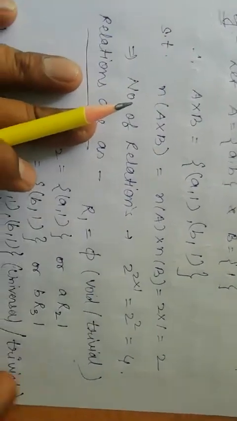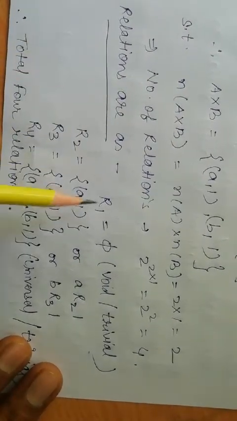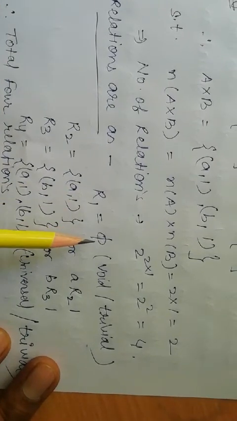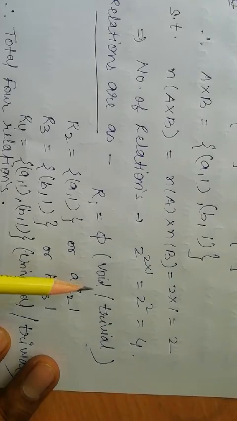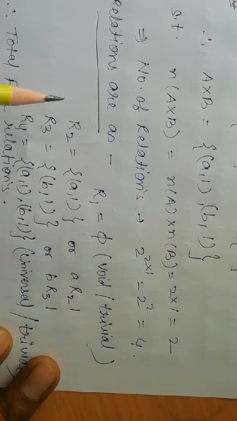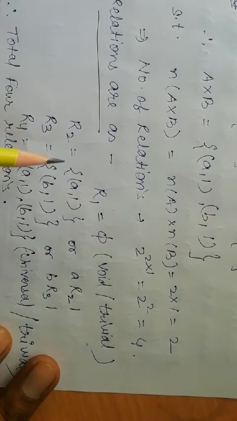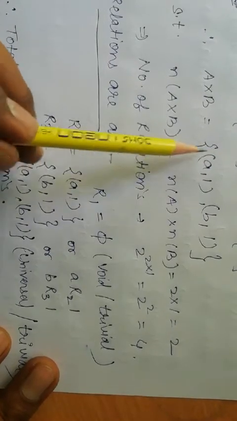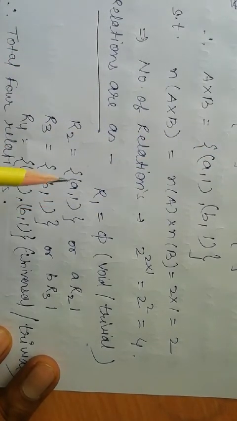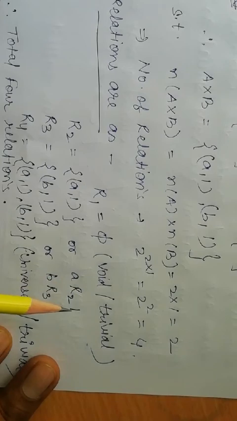So look here, I am going to take those four relations. I am taking the first relation, phi, the empty set. So this is called the void or trivial relation. R2 is another relation in which I consider this ordered pair, A comma 1, and it can be expressed this way also: A is related to 1.